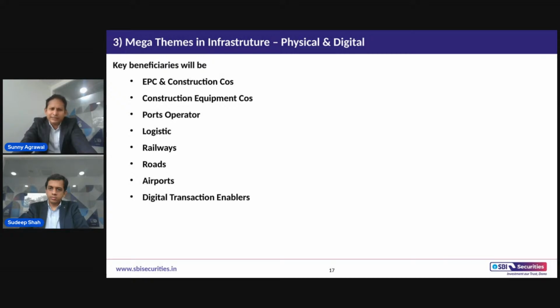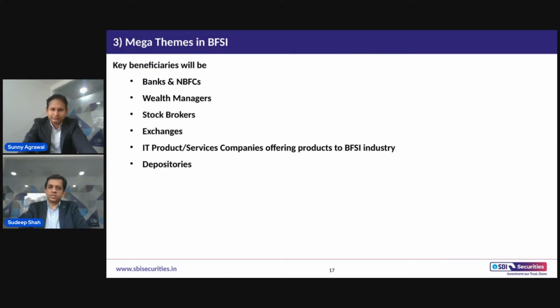And what we feel is that companies from EPC, construction companies, construction equipment companies, port operators, logistics, railways, roads, airports, and digital transaction enablers. These are a few physical and digital infrastructure subsectors that can generate healthy returns over the next 5 to 7 years.